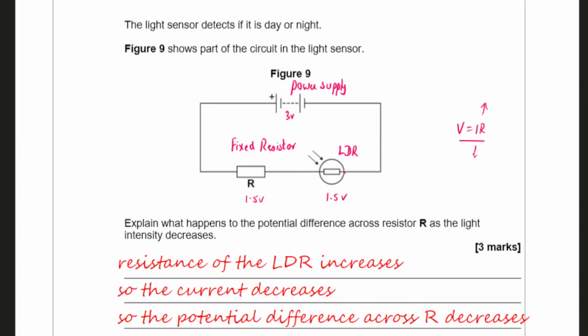Now if the current is kept the same in the circuit, the voltage will increase. So if this becomes 2 volts, then this potential difference is going to reduce to 1 volt. So that's what this third bullet point is saying. So the potential difference across R decreases.